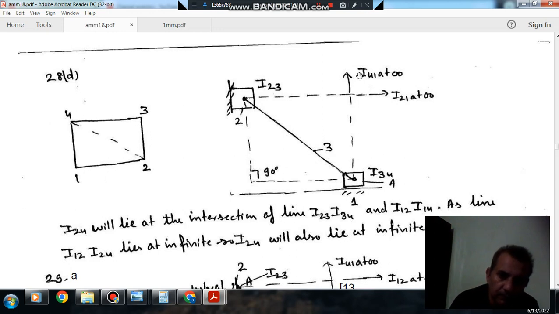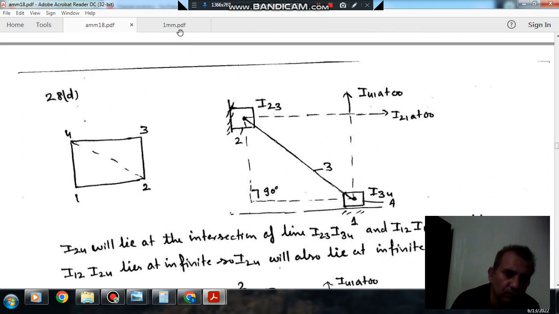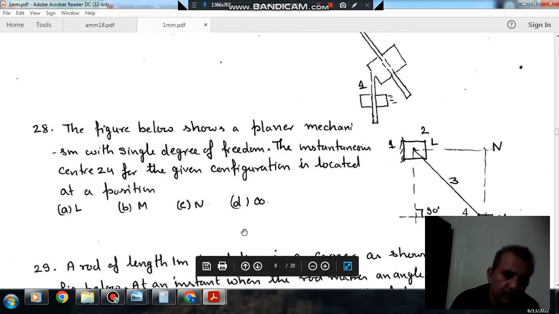I41 is at infinity and I12 is at infinity, so this line will be at infinity. Okay. So the I center I24 will also be at infinity because it should lie on I12 and I41. As this line is at infinity, because both points are at infinity, I24 will also lie at infinity. So answer is option D. Okay, so answer to question number 28 is D.